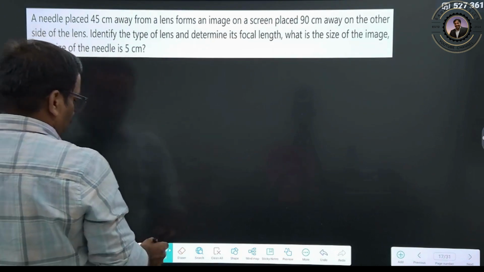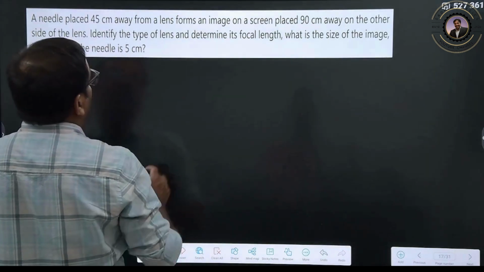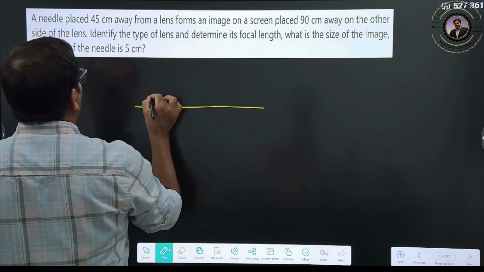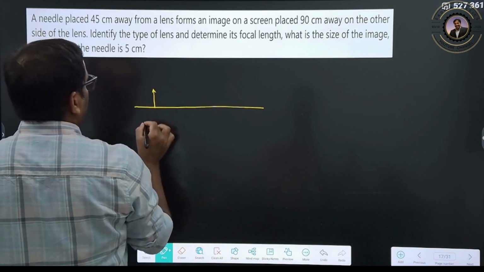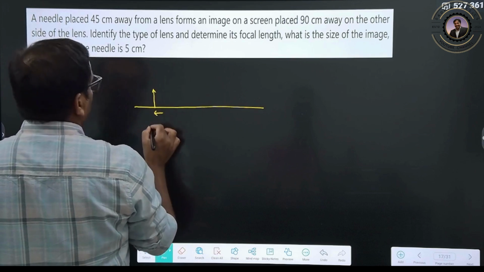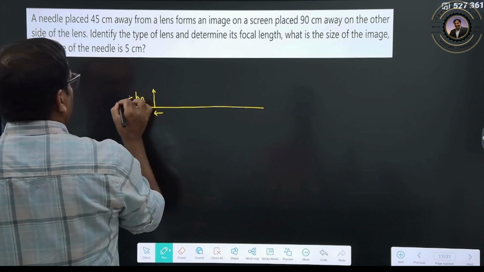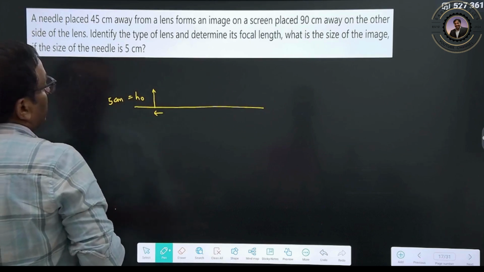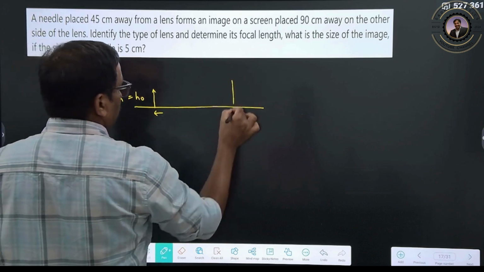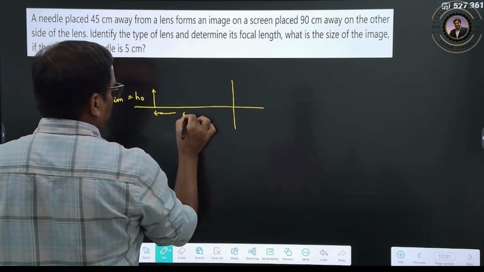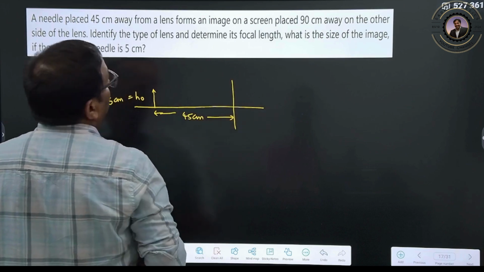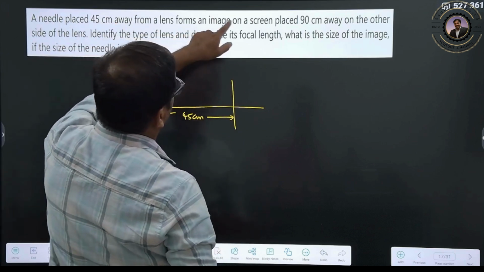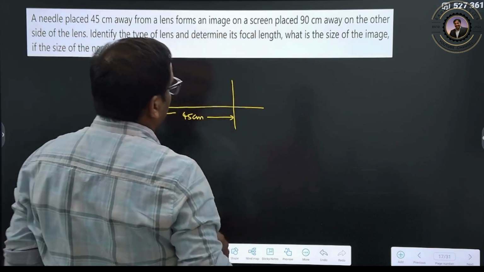Clear? What is given here? There is a lens, and we don't know what kind of lens it is. The height of the object is 5 centimeter. It is kept 45 centimeter from the lens, and the image on the screen is placed at 90 centimeter, on this side.